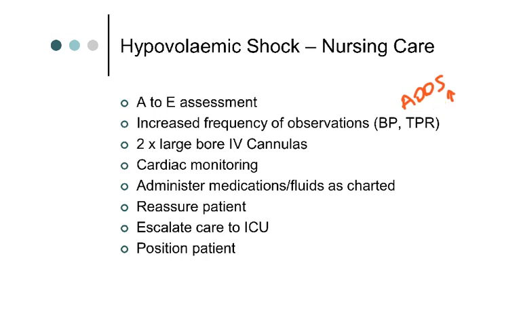So the patient will obviously need filling with fluids or blood, so it's really important to have 2 large bore IV cannulas in place. And that may be something that the doctor would do unless you are trained when you are postgrad.